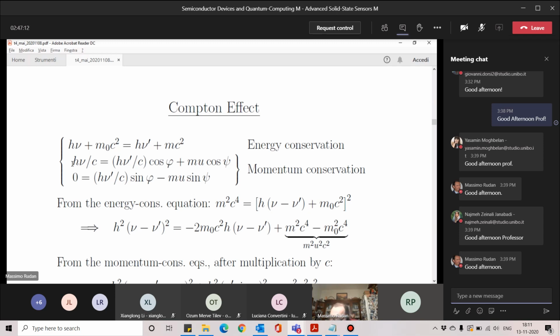The energy of the photon is h-ni. So the energy of the photon before the collision would be some h-ni. After the collision it would be some h-ni prime, with ni prime smaller than ni. So the photon has lost some energy, not 100% of its energy, so that its frequency has decreased.